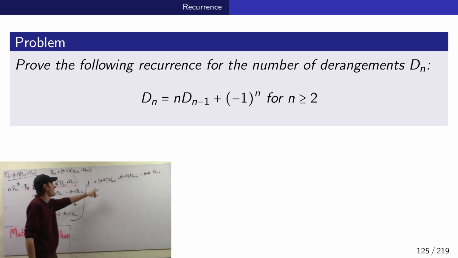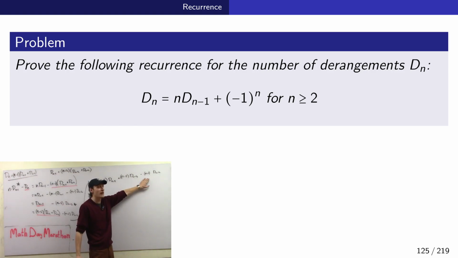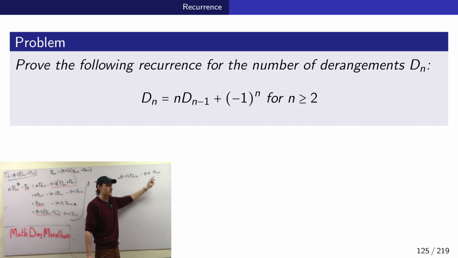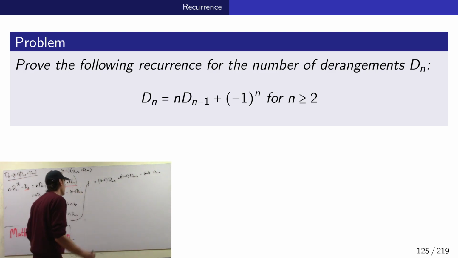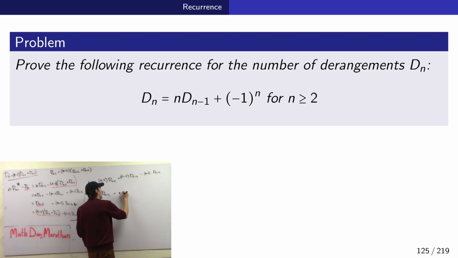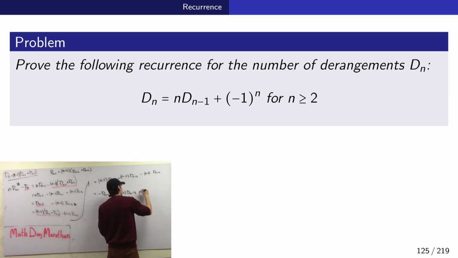And here I have n minus 2 copies of d sub n minus 2, and I subtract off n minus 1 copies of it. So maybe this is like 6, and I subtract off something like 7. So I should have negative 1 remaining. So there should be negative 1 copies of d sub n minus 2 plus n minus 2 times d sub n minus 3. Okay. I'm going to star this one as well.